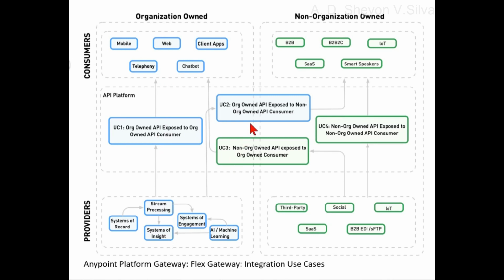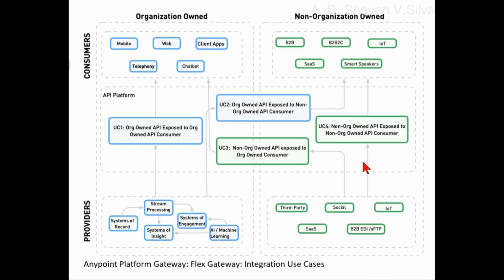Use case 2, organization owned API exposed to non-organization owned API consumer. Use case 3, non-organization owned API exposed to an organization owned API consumer. Use case 4, non-organization owned API exposed to a non-organization owned consumer.